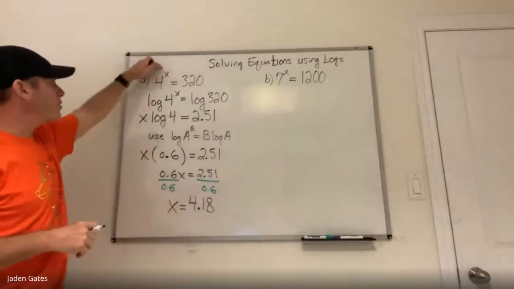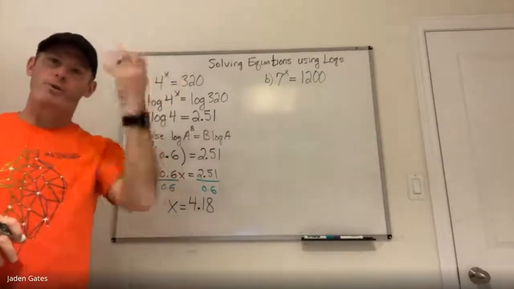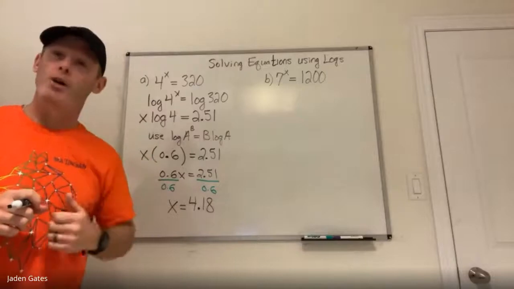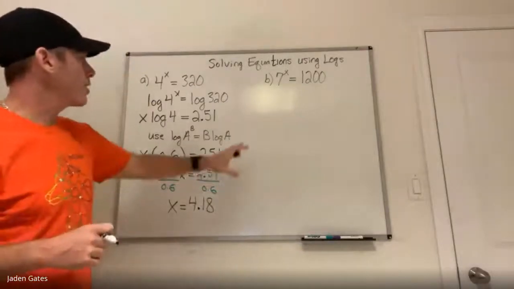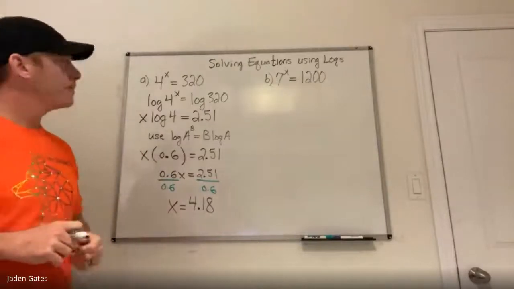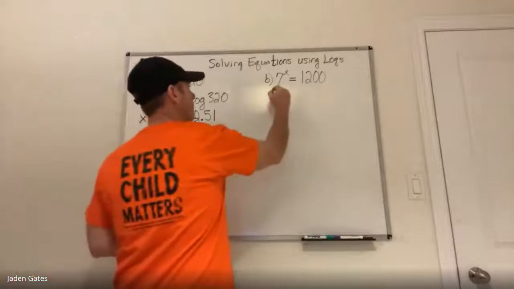So we are able to solve for an exponent using the log function, because the log function allows us to use that log rule to make the exponent a normal number. All right, let's try another one of those. This time I've got 7^x is equal to 1200. My first step is again to take the log of both sides.